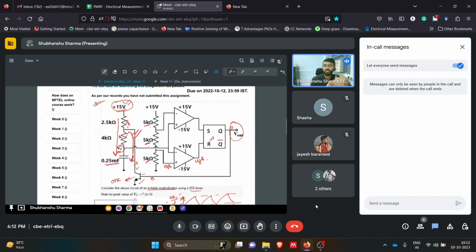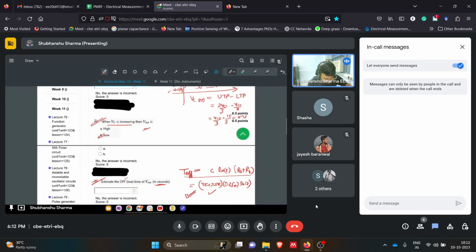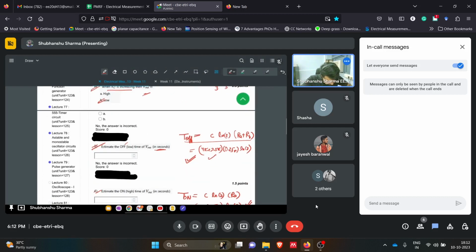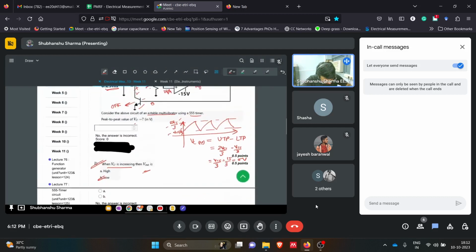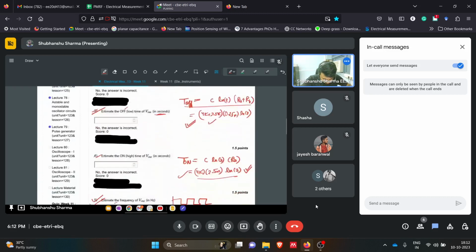You should know the basic logic, and then on the spot you can also derive. So it's not necessary to remember all these formulas. Just know the concept of how this thing is working, then you will get that.